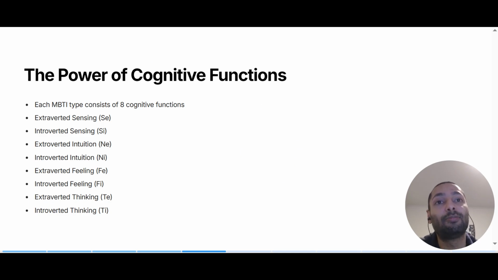Pretty much what the majority of the time you want to understand when you dive into the MBTI is the cognitive functions. If you talk to anyone about the MBTI and they don't mention cognitive functions, chances are they don't actually know much about the MBTI. They know about personality types, and they might learn about it for the fun aspect of talking about personality or describing how you are.